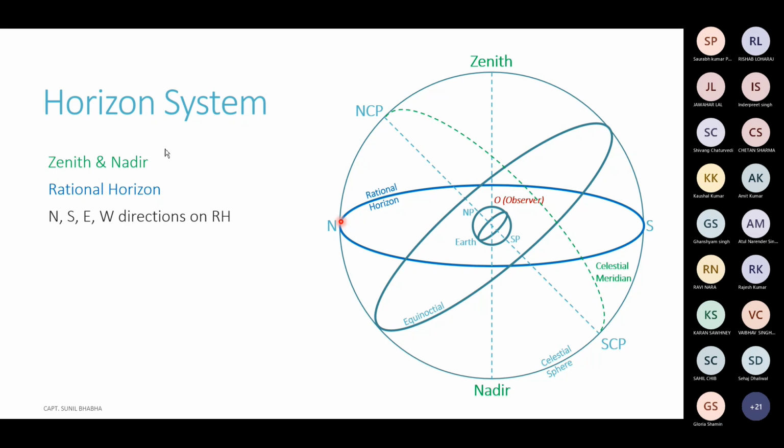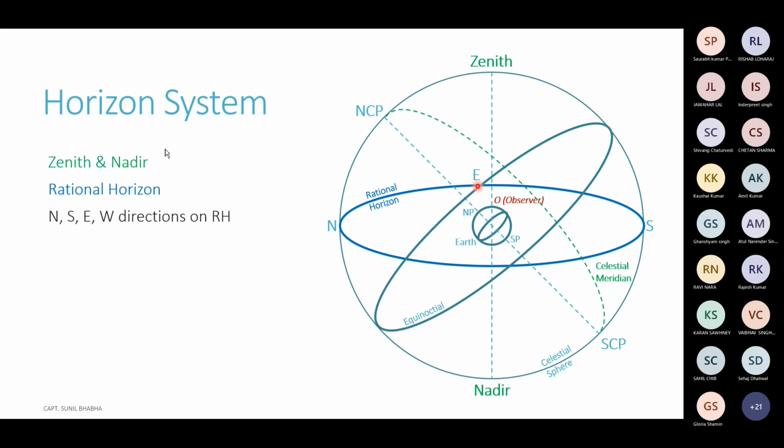Now, if he goes 90 degrees to the right of the north, so if you go towards the right side from north, this is the right side. And if you go 90 degrees away on the right side, this point which you see on the horizon is the east point. You can visualize it on the ship also. Let us say you are on a ship which is steering 000. You are looking out of the bridge window.